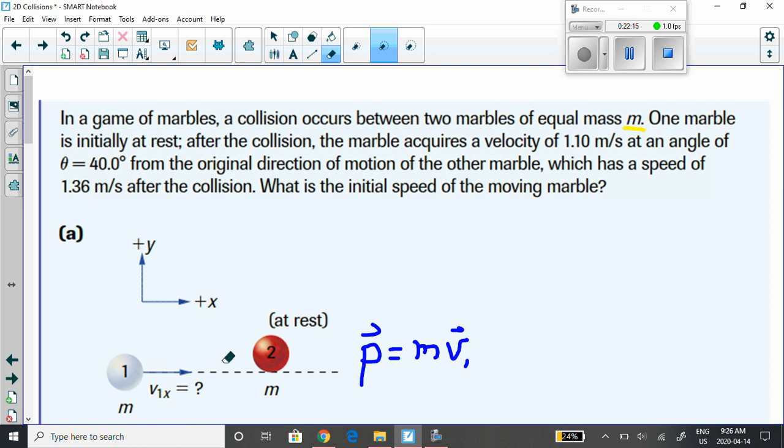So if you take a look at this, the momentum of this entire system, the two of them, before the collision, the only place you're going to get momentum is from marble number 1. And there's no momentum in the y direction here. All of the momentum before the collision is in the x direction.